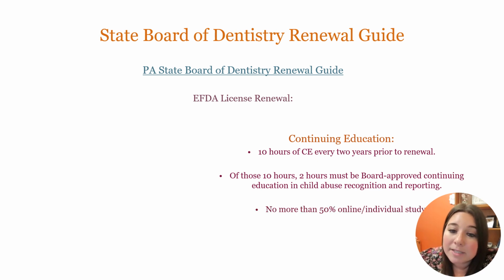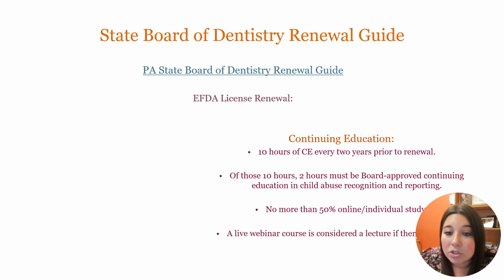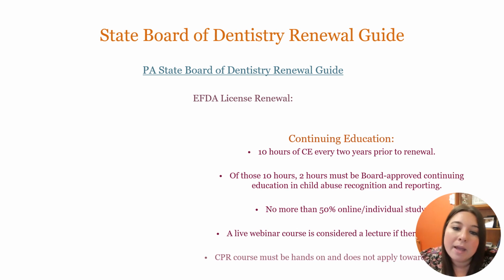No more than 50% of those CEs can be online or individual study. They can be 50% online and then 50% in person or a live webinar. A live webinar course is considered a lecture if there is a question and answer period where you can actually ask questions live and they get responded to right away.